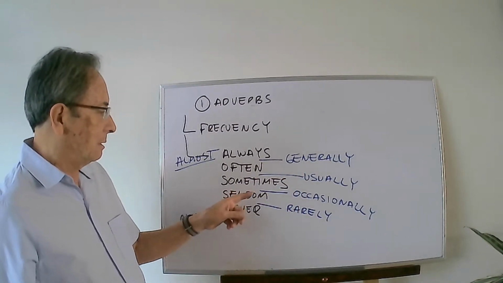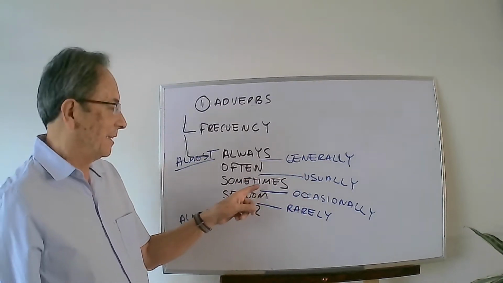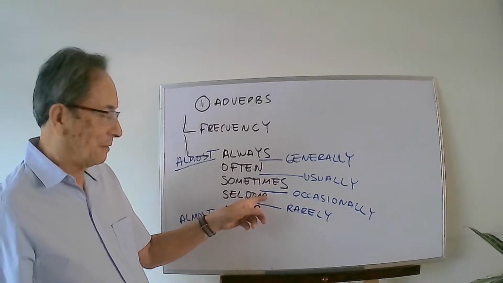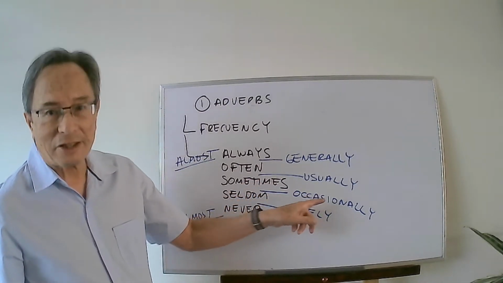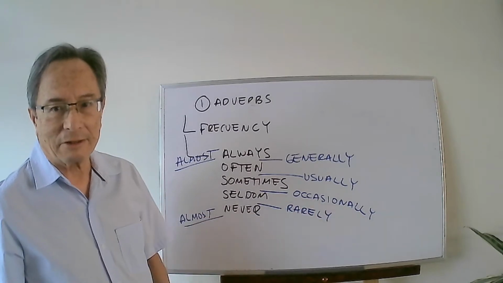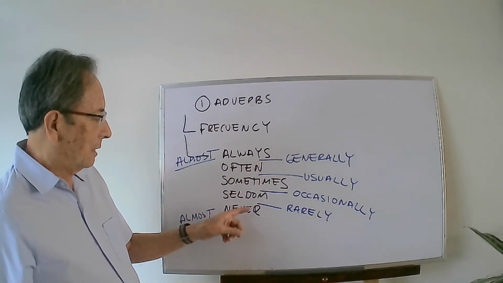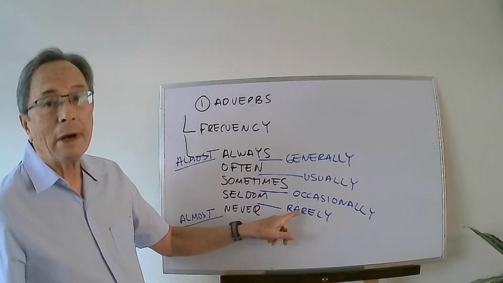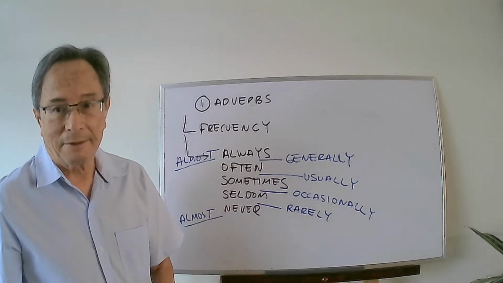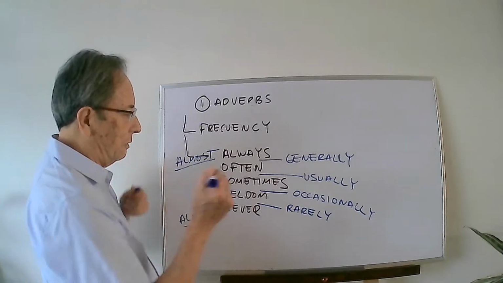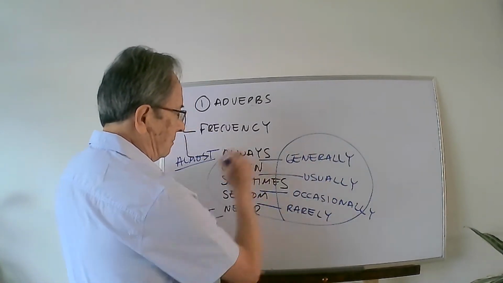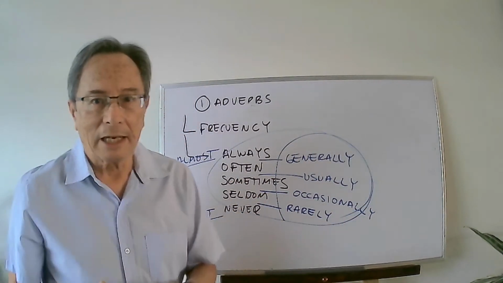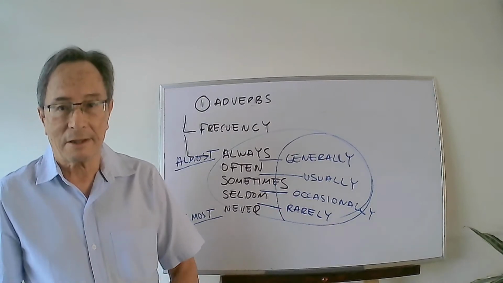And then between sometimes and seldom, entre algunas veces y rara vez, it's occasionally, ocasionalmente. And then above never, besides almost never, is rarely, raramente, o rara vez. So now we have 10 frequencies instead of 5. Ahora ya tenemos 10 en vez de 5.